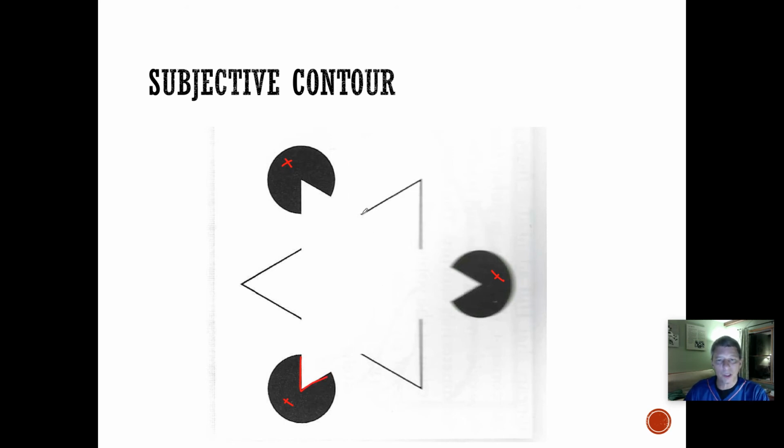This symbol is just a caret, like you would use on the typewriter. It sits right above the number 6 on your keyboard. The triangle that you see here does not exist. It's not really there. It just appears to be there, because of the way that the picture is drawn. And so this is an example of subjective contour.